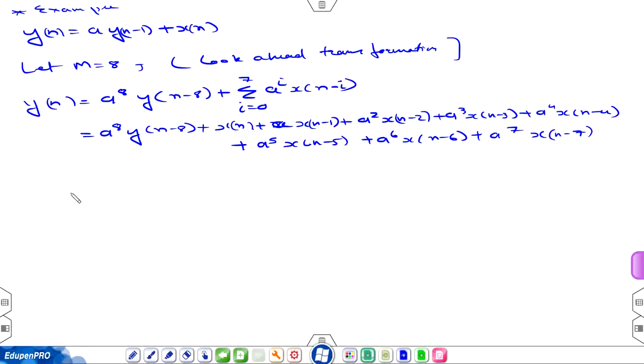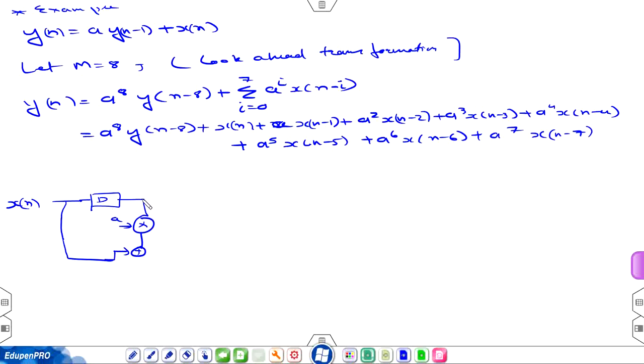Okay, and this can be implemented in a traditional way. So x(n), first the FIR part. x(n) goes to a delay element, giving x(n-1), which is multiplied by a and added with x(n).